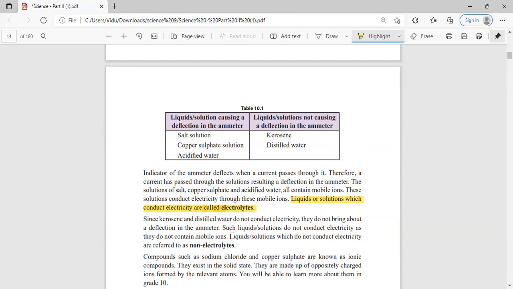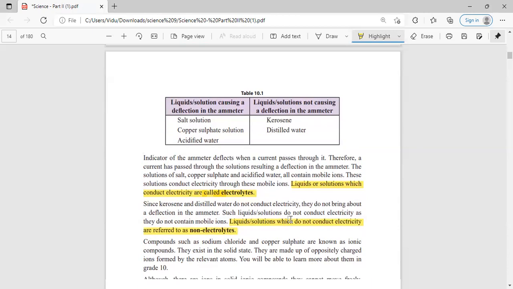So these liquids or solutions which do not conduct electricity are referred to as non-electrolytes. Liquids or solutions which conduct electricity are called electrolytes, and liquids or solutions which do not conduct electricity are called non-electrolytes.